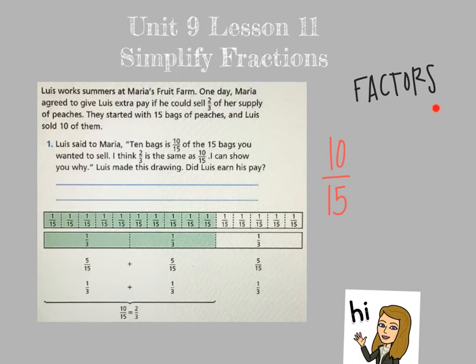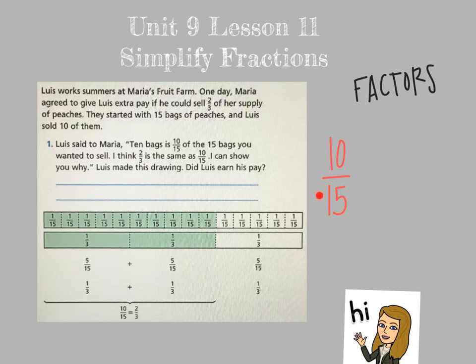The way that you do this is you actually look for the factors that these numbers have in common. Remember that factors are the numbers you multiply together to get another number. So like 2 and 3. 2 times 3 equals 6. Now let's look at the factors that 10 and 15 have in common.